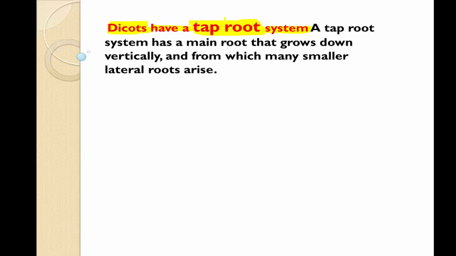Then the question is, what is the arrangement in taproot system? A taproot system has a main root that grows down vertically and from which many smaller lateral roots arise.